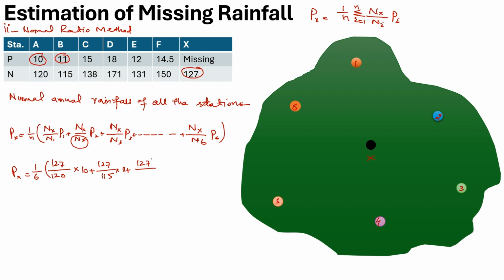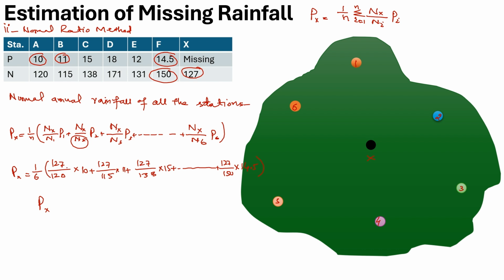Then 127 again in the numerator, because Nx remains the same for every part of the formula, divided by 138 multiplied by 15, plus so on. We write these values in the same order, plus Nx, which is again 127, divided by the normal precipitation for a year for the last, sixth station, which is 150, multiplied by the precipitation for the specific time.